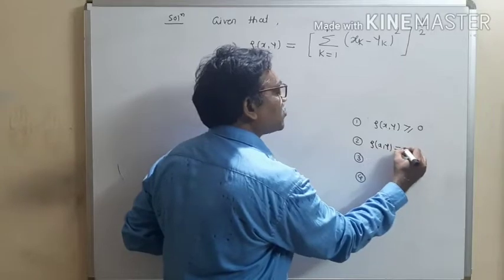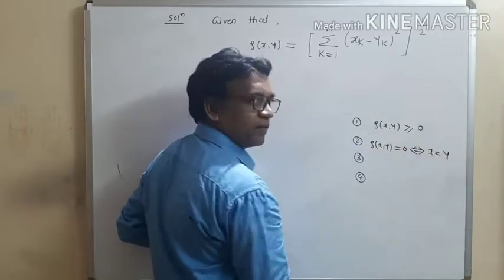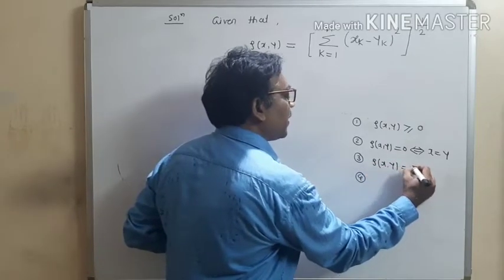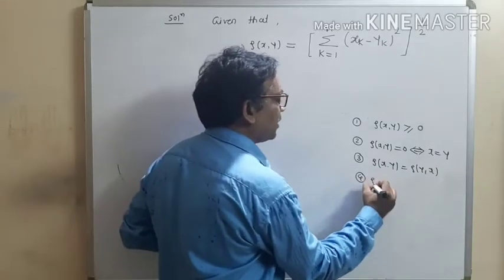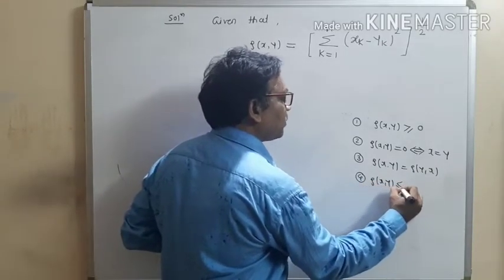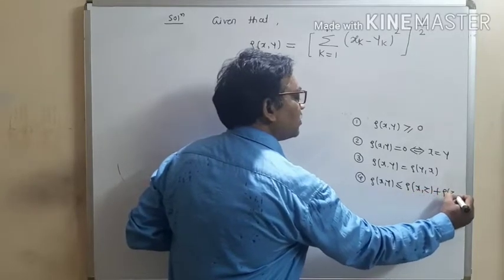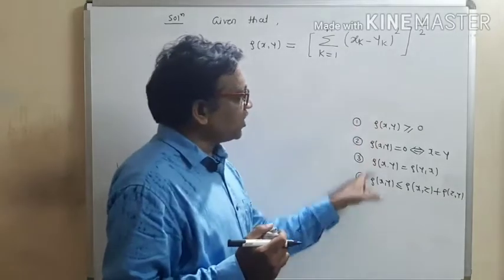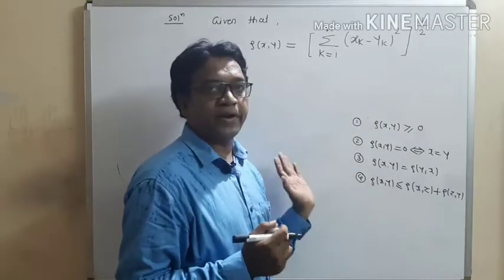Rho of xy equal to 0 if and only if x equal to y. This is the symmetric property: the distance of xy is equal to the distance of yx. And what is the fourth property? It is the triangle inequality property: rho of xy is less than or equal to rho of xz plus rho of zy. So if this function rho satisfies these 4 conditions, then it is called a metric.